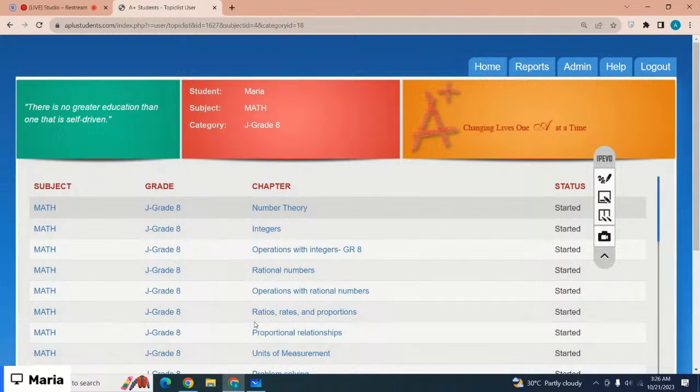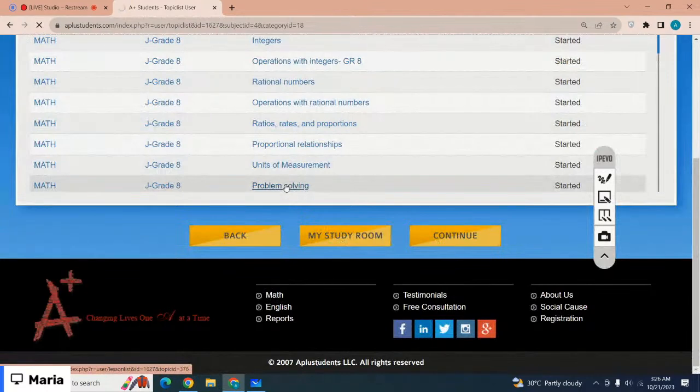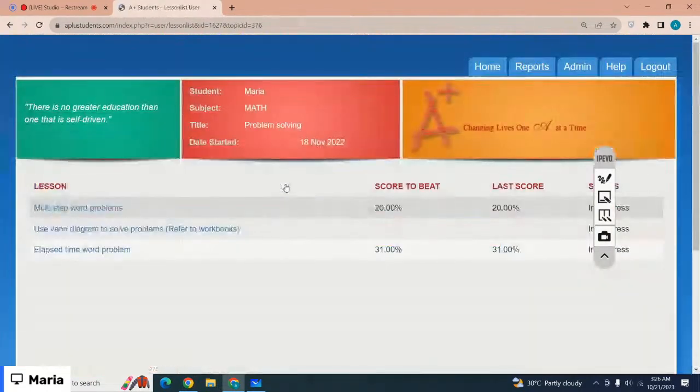Okay, here is the chapter problem solving. Let's just start with the chapter. Okay, let's just start with the first one, that is multi-step word problems.